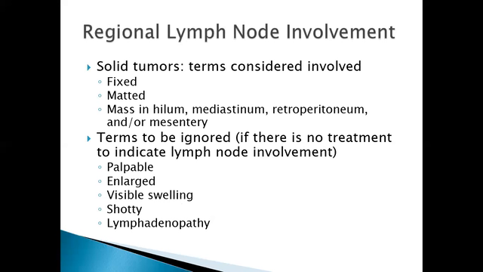Okay, so unfortunately, the radiologist will not usually make an addendum to the imaging report to indicate that conversation or this new information. But the oncologist will make a statement of the lymph nodes being involved in their note. So that's what it means by terms to be ignored if there is no treatment to indicate lymph node involvement.